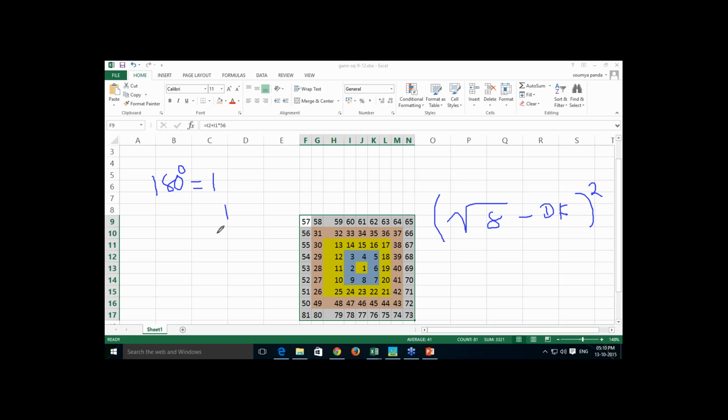If I say 30 degrees, it means 1 divided by 180 into 30. Whatever number you are getting, that is the 30 degree factor. This is one relationship of one number with another number through some angular relationship: 30 degree, 40 degree, 45 degree, 60 degree, like this.